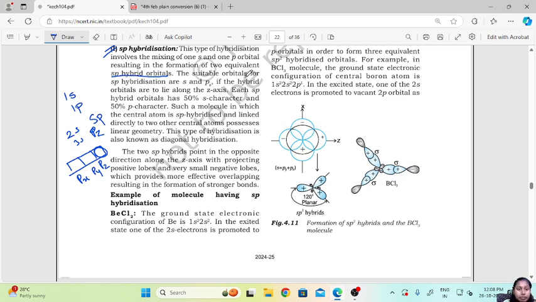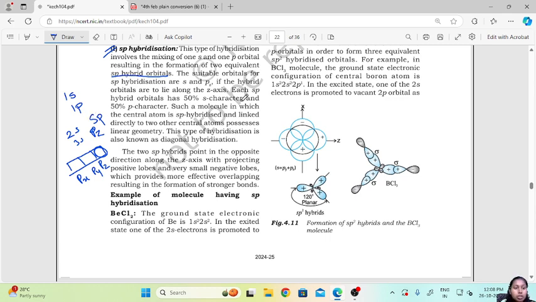If the hybrid orbitals are to lie along the z-axis, each sp hybrid orbital has 50% s character and 50% p character, because you have one s and one p orbital, so their characteristics will be equally divided.